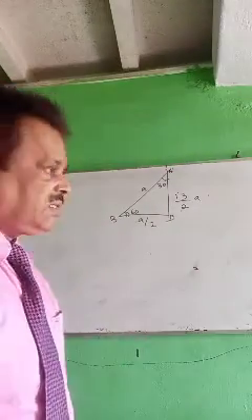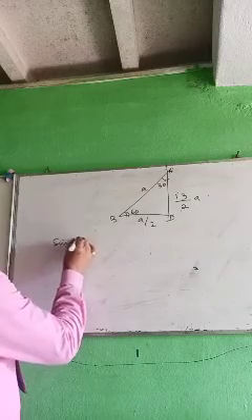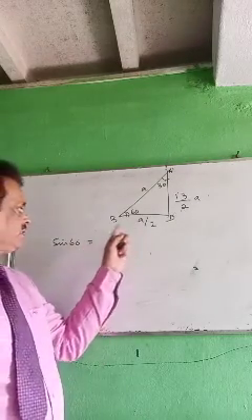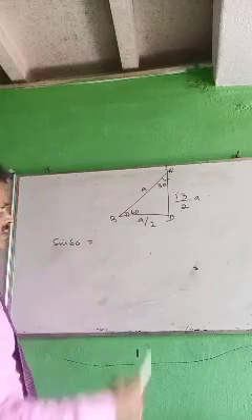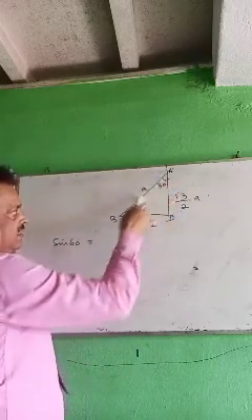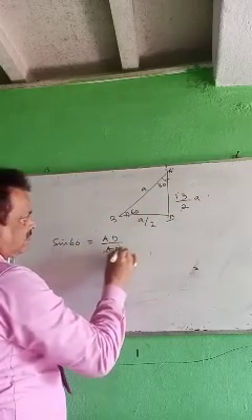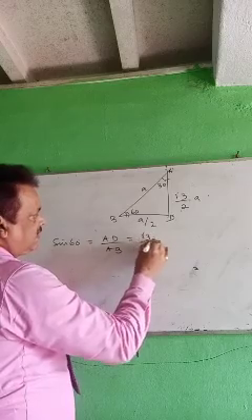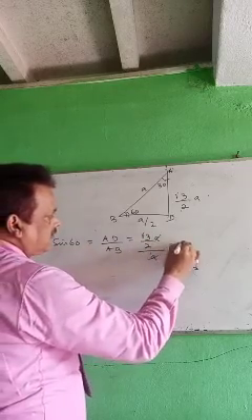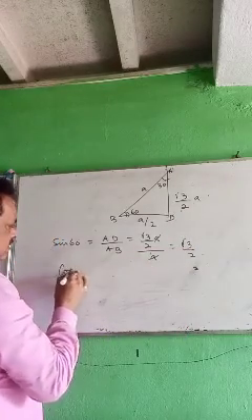What is sine 60? What is the formula for sine theta? Opposite. The opposite of 60 is AD by AB. Root 3 by 2A divided by A, A cancels. Root 3 by 2.